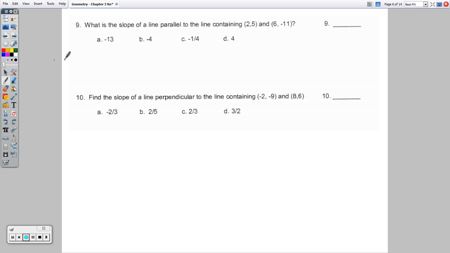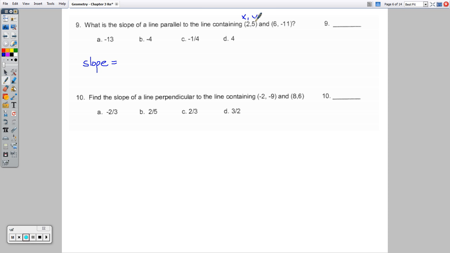Number 9, what is the slope of a line parallel to the line containing 2, 5, and 6, negative 11? So if a line is going to be parallel to another line, their slopes must be equal. So if I find the slope of the line containing these 2 points, I've consequently found the slope of the line that's parallel to that. So we have a slope here is going to be y2 minus y1 over x2 minus x1.